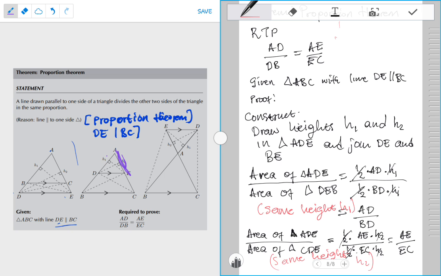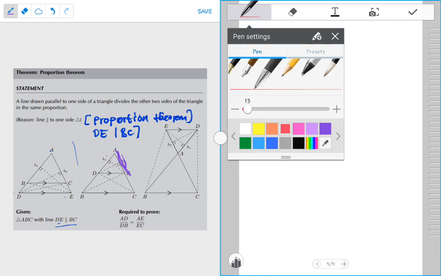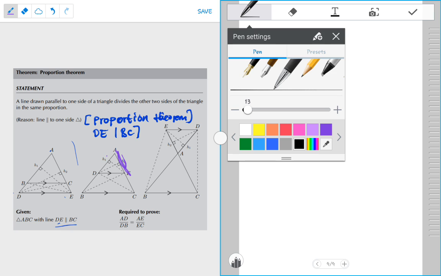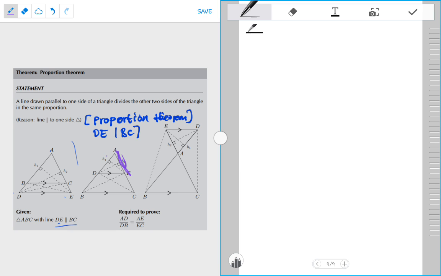Then now, the area of triangle ADE is equal to the area of triangle CED.